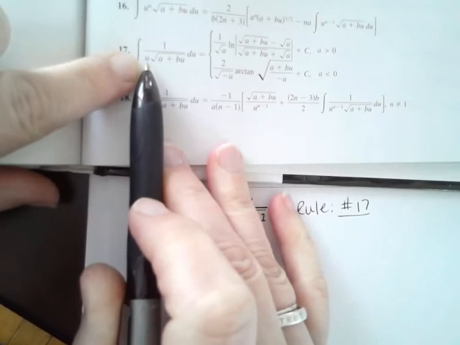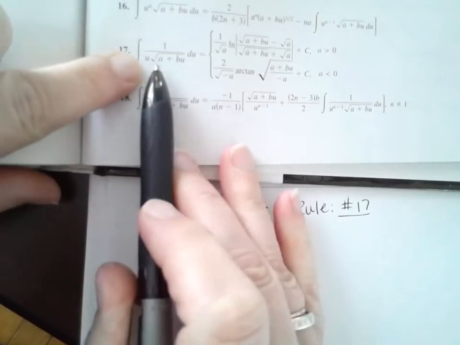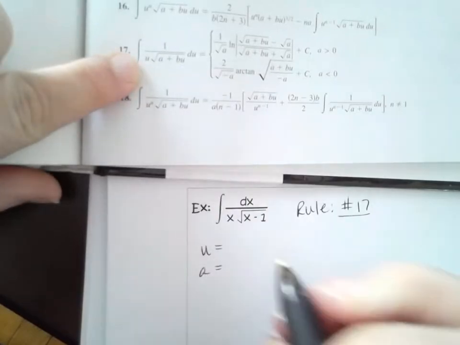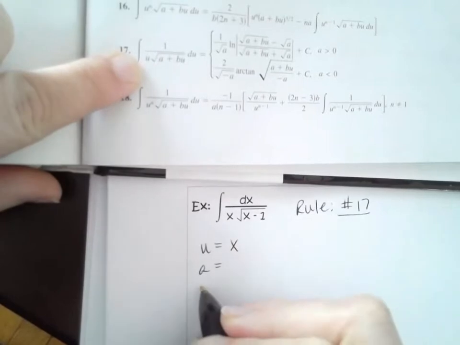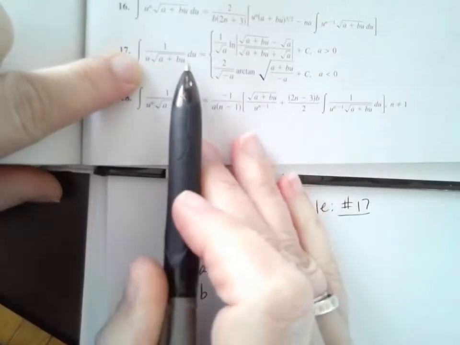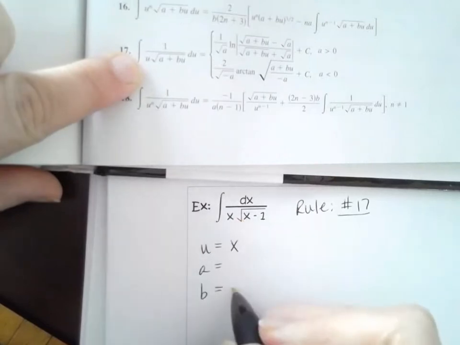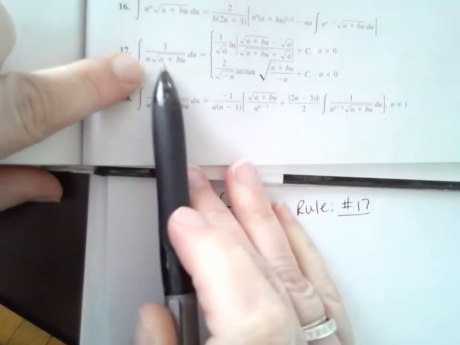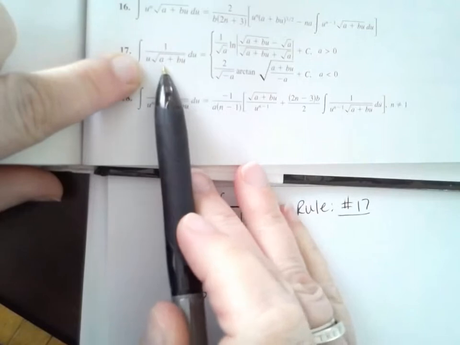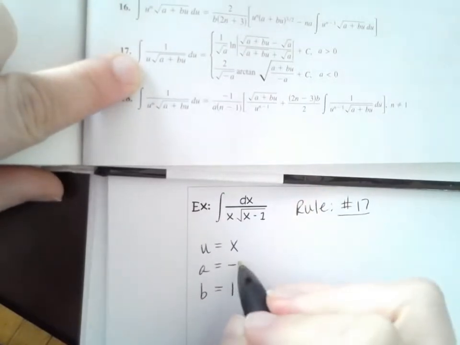My u would be the x that I see both on the inside and the outside. My b, which would be the coefficient of u, is 1. My a, which is the constant that's being added, is a negative 1.